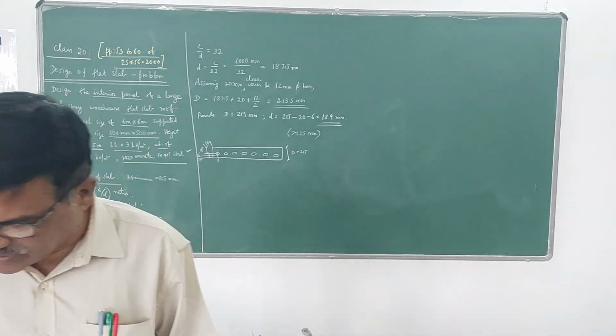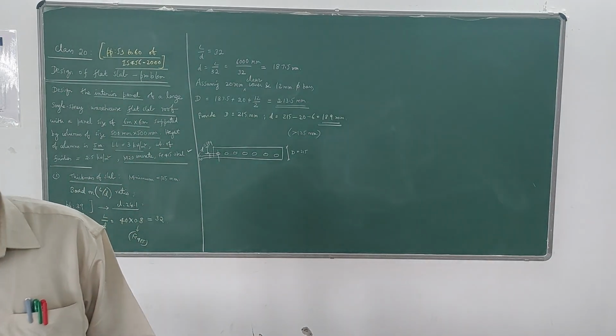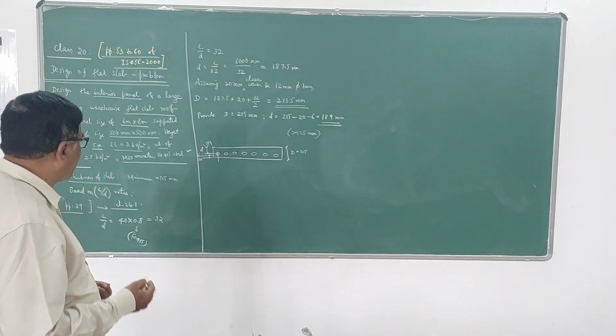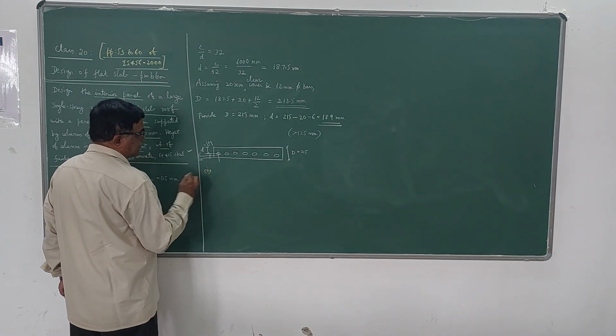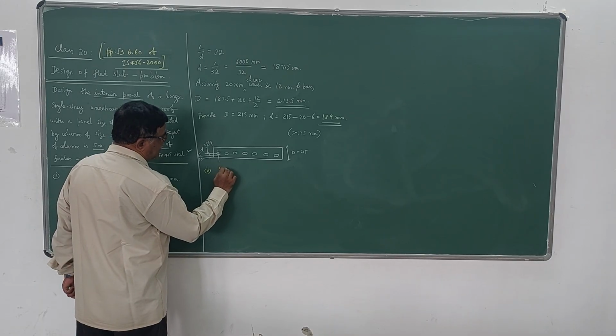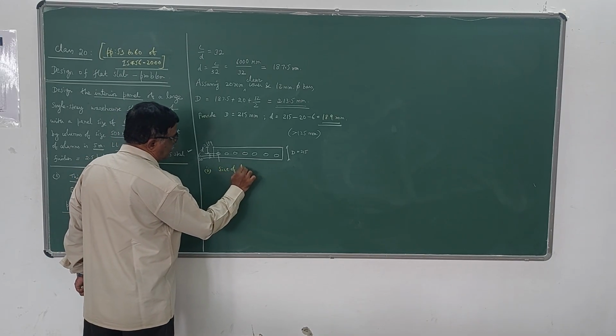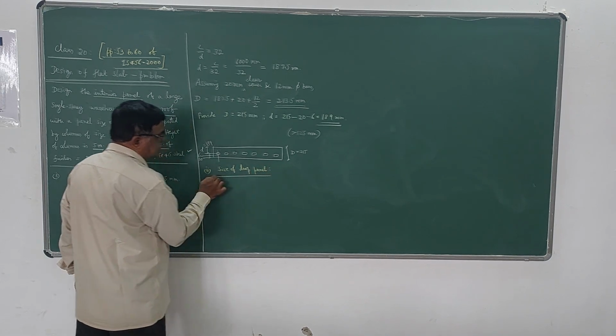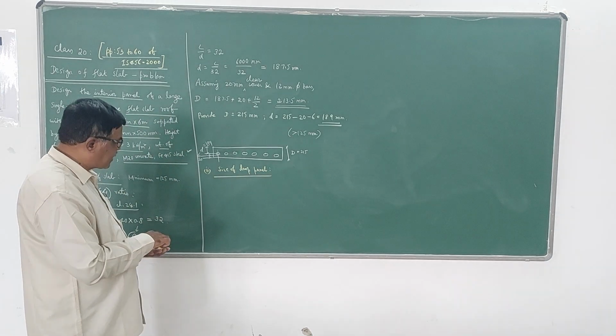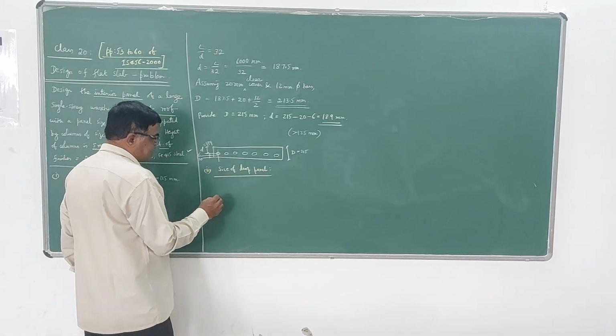Now the second step, we have to calculate the size of the drop panel. First step we have fixed the thickness. Second step, size of drop panel. I have explained in the last two lectures with a sketch the components of a flat slab.